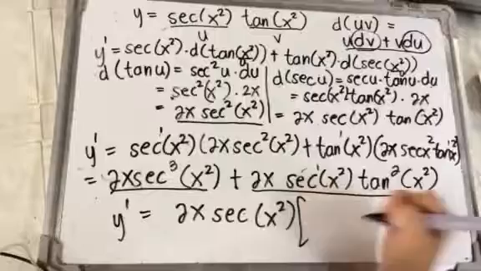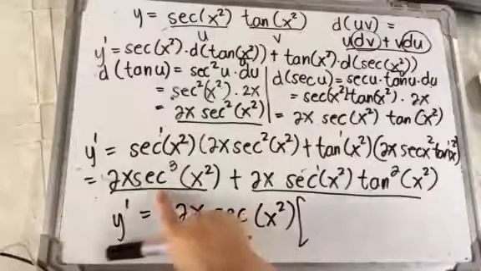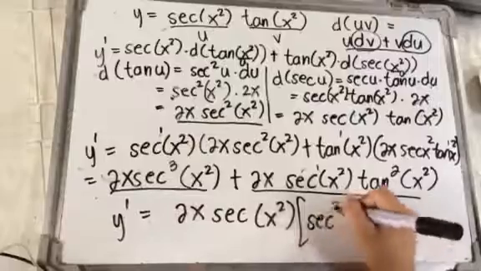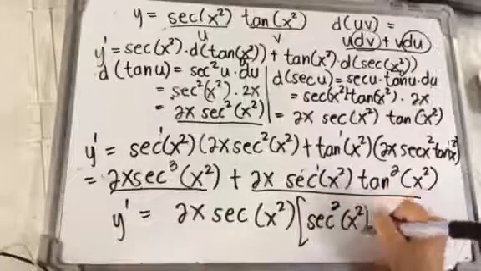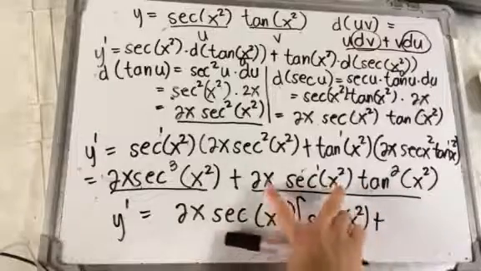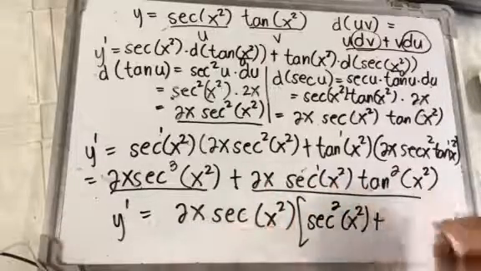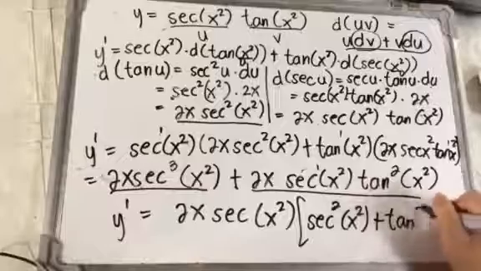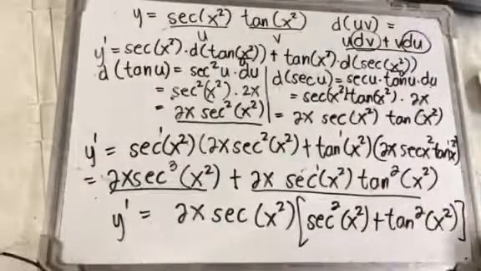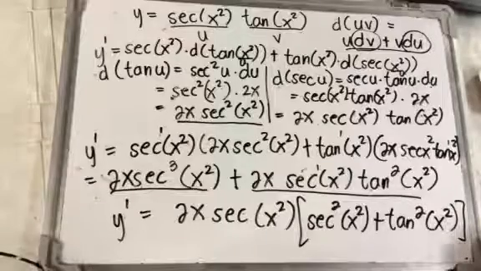Yun ang common. Kung ito'y pinactor out natin sa unang term, may matitira tayong secant squared x squared, plus, yung ipinactor out natin sa second term, inilabas na, natira natin is tangent squared x squared. So, kapag wala nang magagamit na identities, pwede na kayong tumigil dyan.